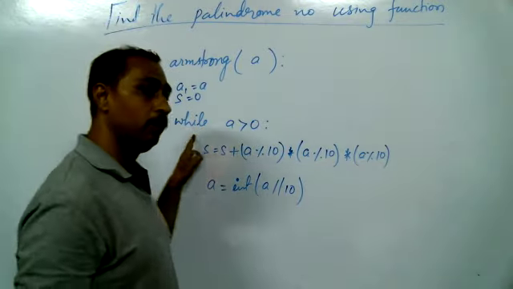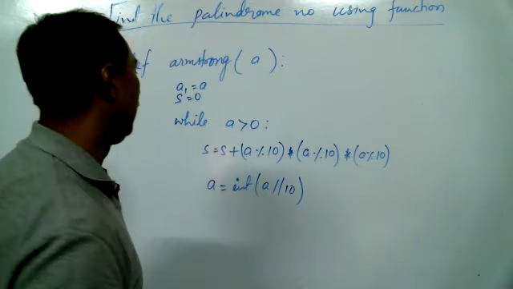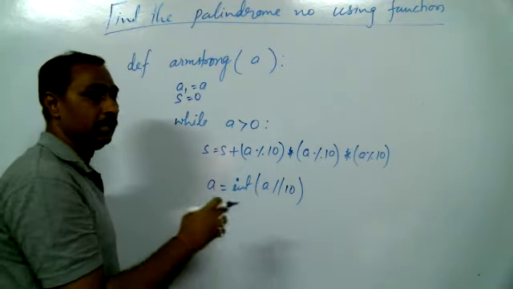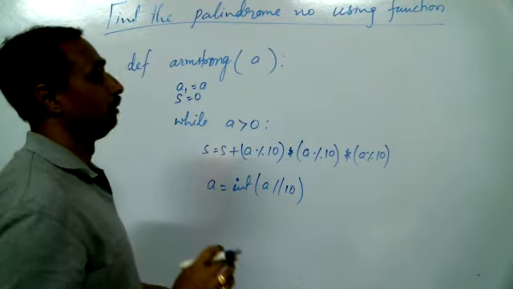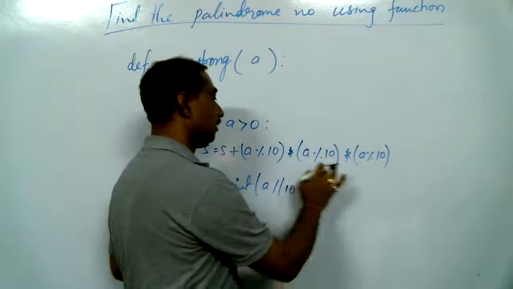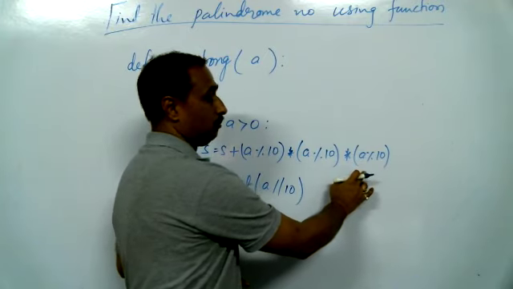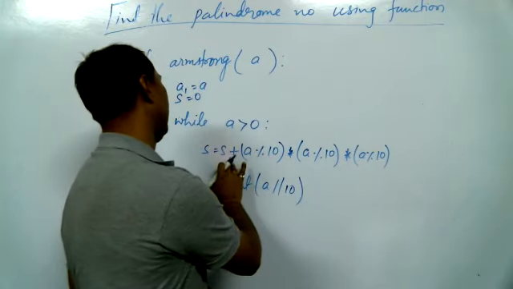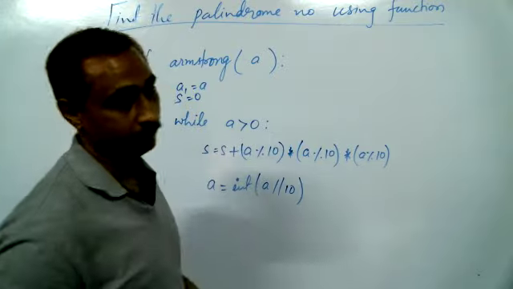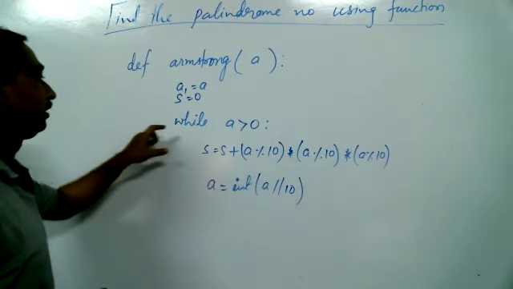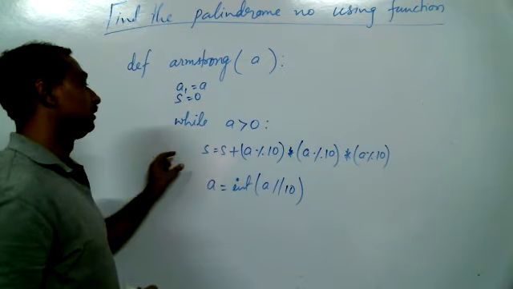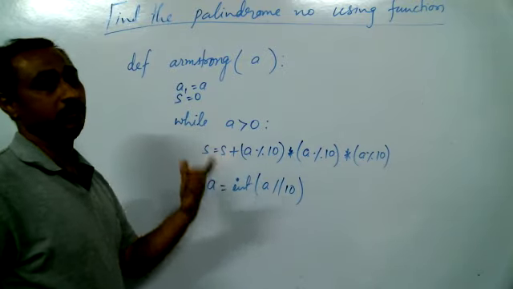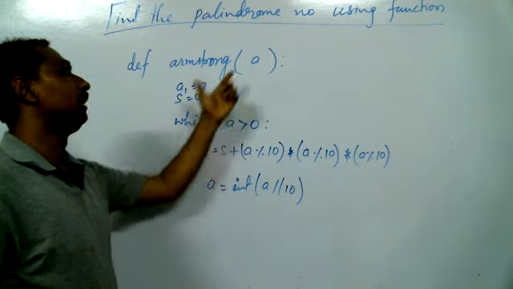This loop will repeat the same procedure till all the digits of the number become cubed and get summed with s. So ultimately, after completion of this loop, we will get the sum of cube of digits of this multi-digit number a.